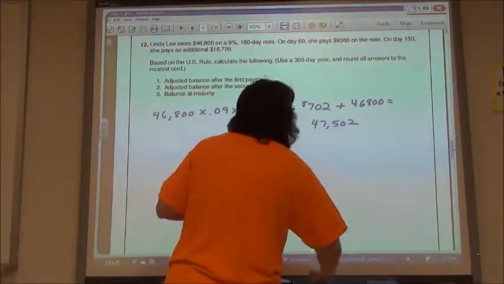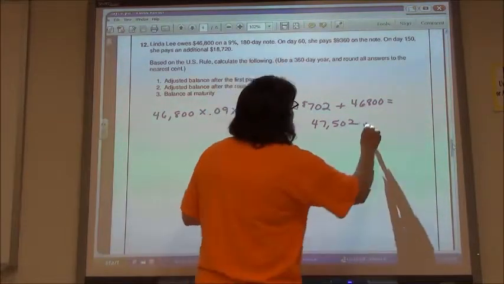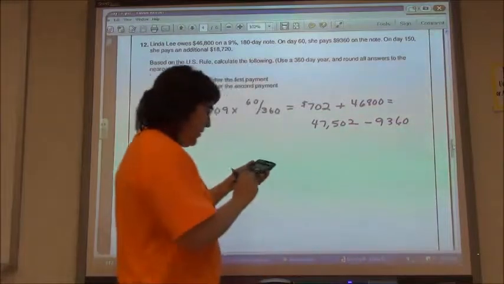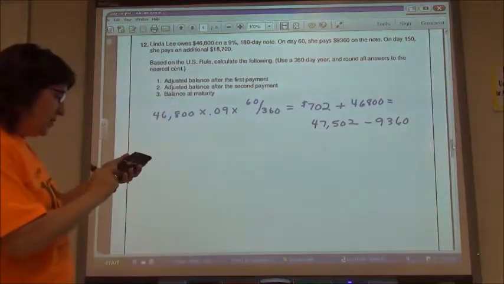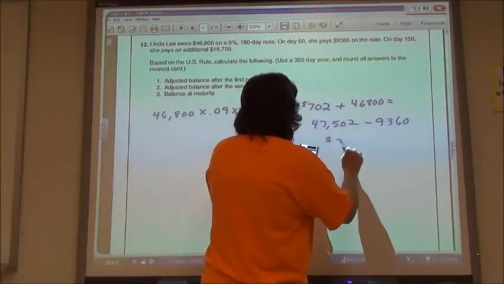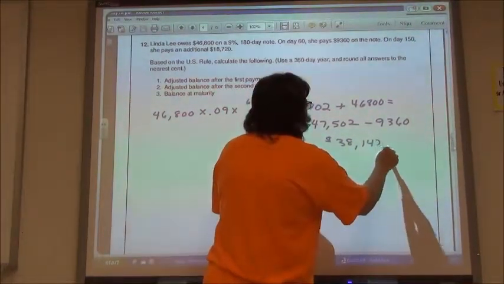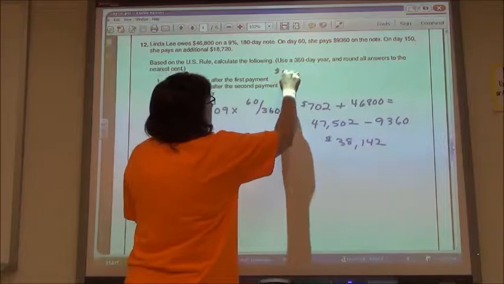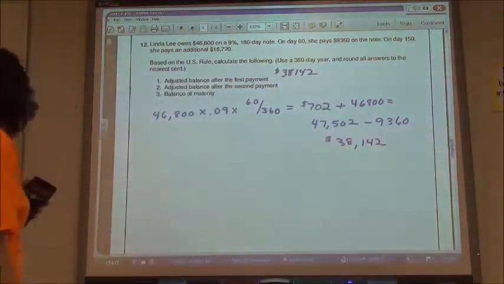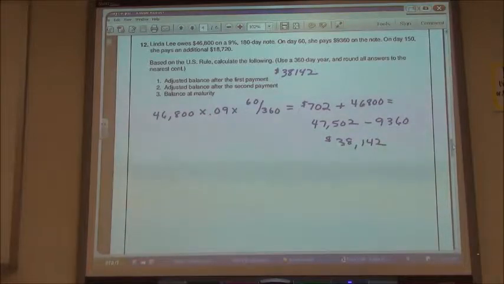I'm only going to pay part of that. I'm going to pay $9,360. So if I subtract off the $9,360, my remaining balance is $38,142. $38,142 is how much I owe after I made my first payment.